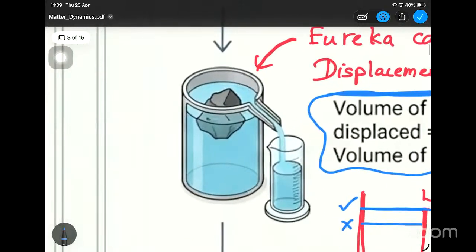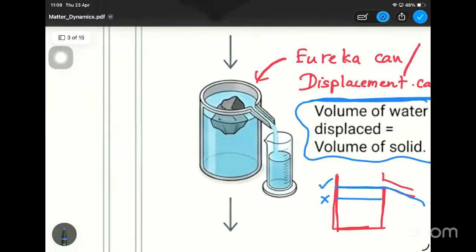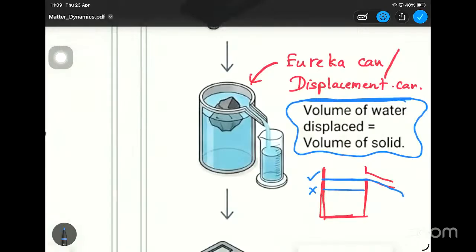In this case, you can see it is partially submerged, so it will give you only the volume of the part that is submerged. Therefore, it is a must that you fully submerge this object in water. Otherwise, you cannot get the full volume. So keep that in mind.